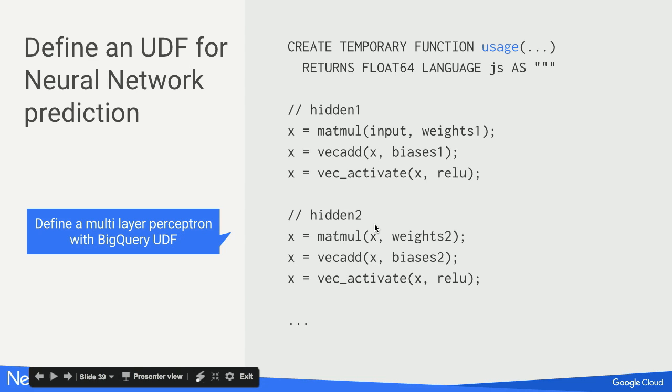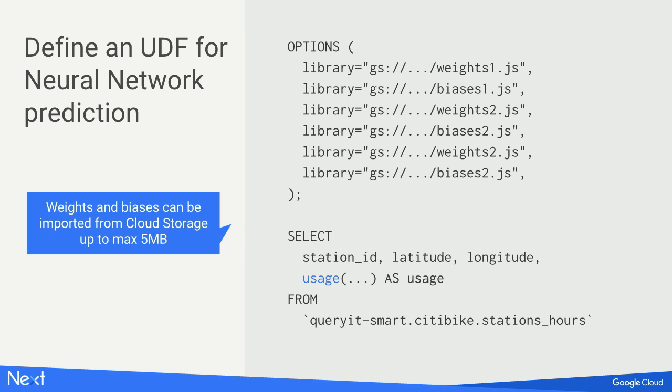But in this case, we have used JavaScript running on BigQuery to implement the prediction for the neural network. Also, you can import all the weights and biases parameters into BigQuery by using Google Cloud Storage. With a UDF, you can upload up to 5 megabytes of any kind of data, so you have to compress everything into 5 megabytes.